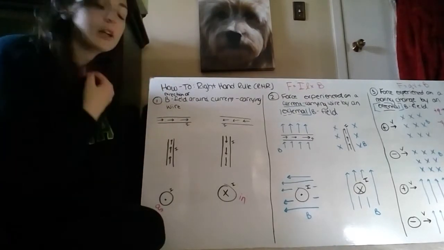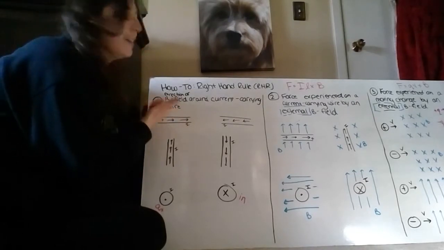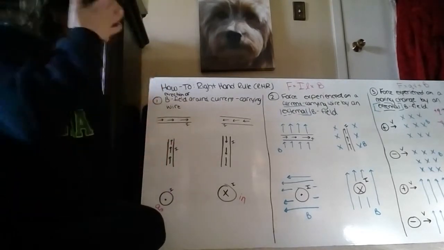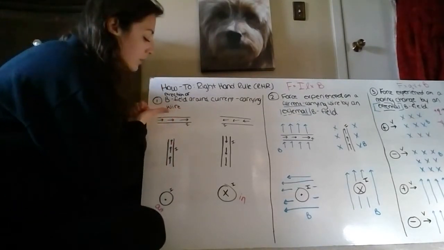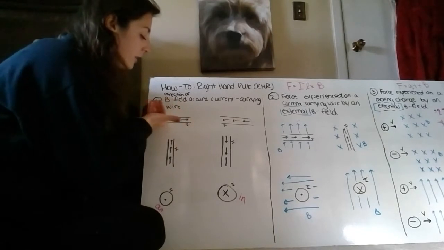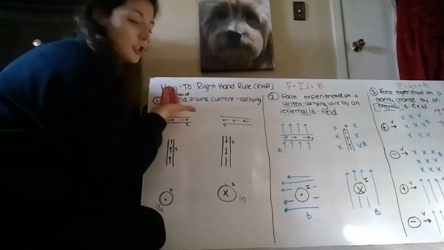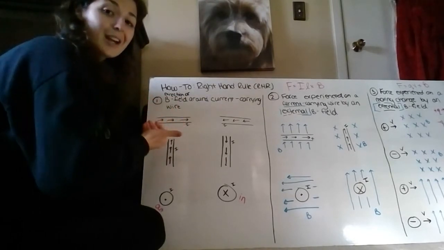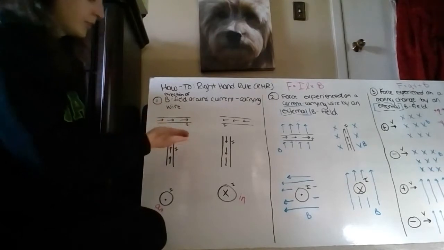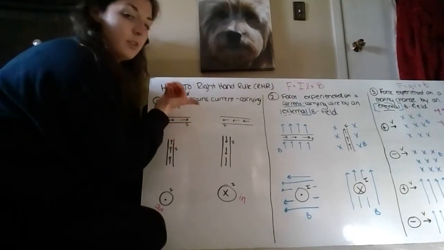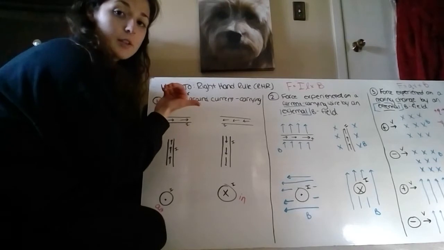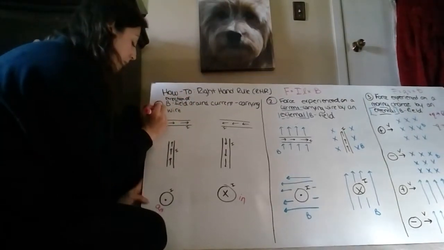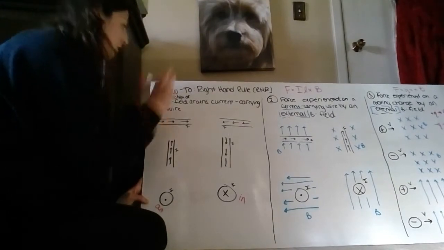Our thumb points in the direction of I, the conventional current, and then our fingers wrap around in the direction of the magnetic field. Imagine you're holding the wire in your palm. The field is coming out of the board on top of the wire and going back into the board on the bottom.